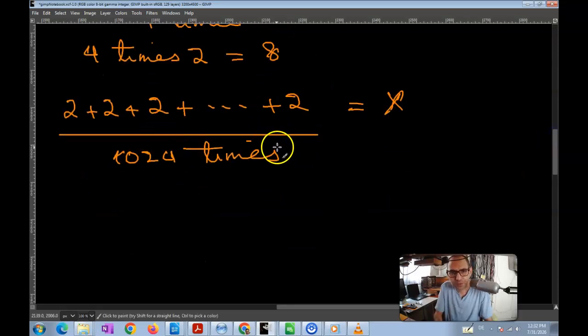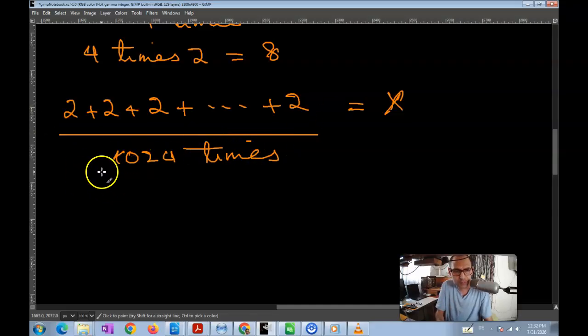The important thing here, what I want to show you, is that if I were to write out 1024 times, I wouldn't have enough space over here on my screen or on a piece of paper, right?